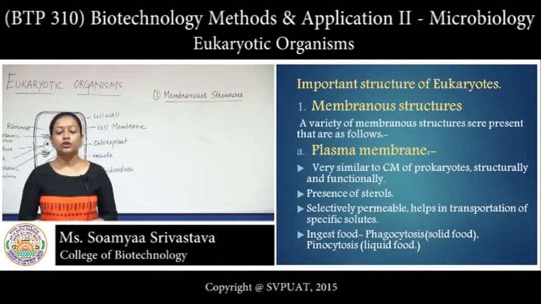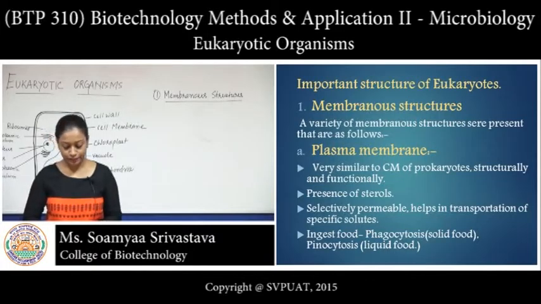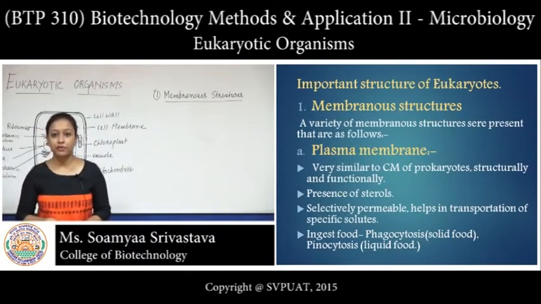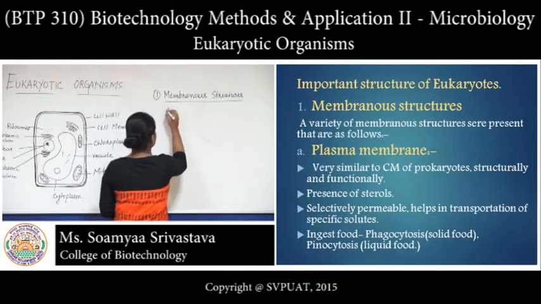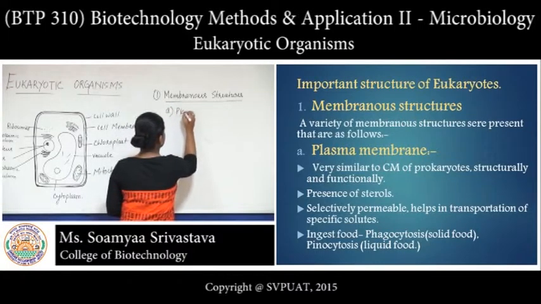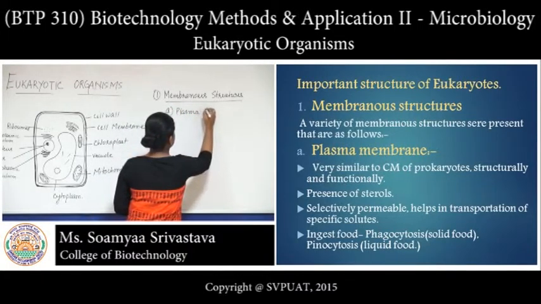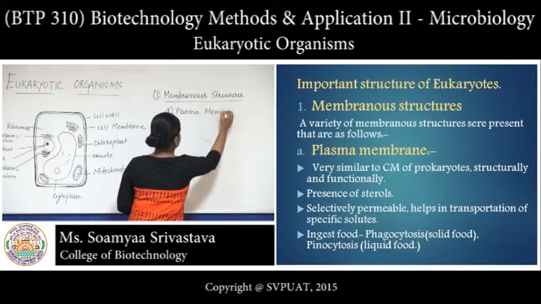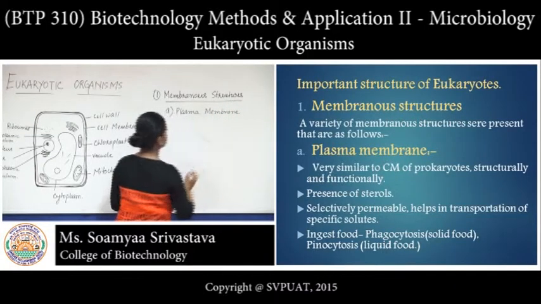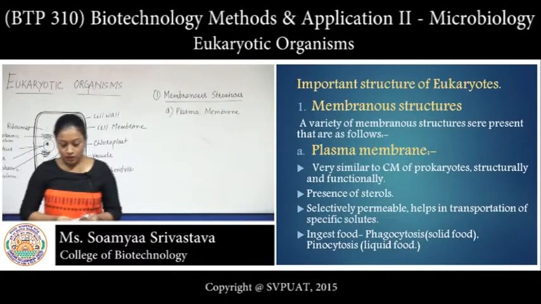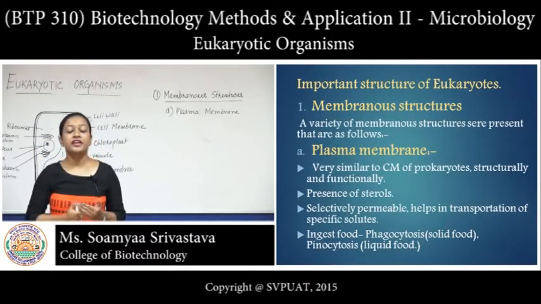Now let us take a look at all the membranous structures present inside a eukaryotic cell. First of all is the plasma membrane. The plasma membrane is very similar to the cytoplasmic membrane in prokaryotic cells.